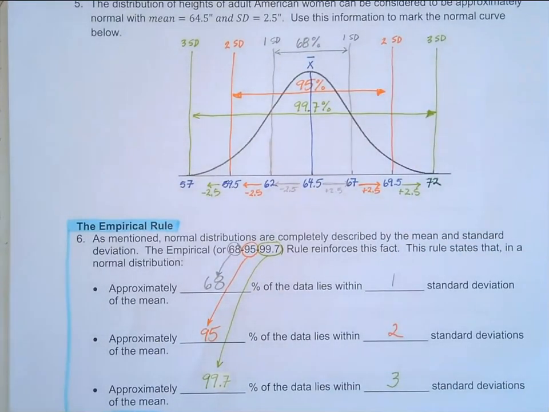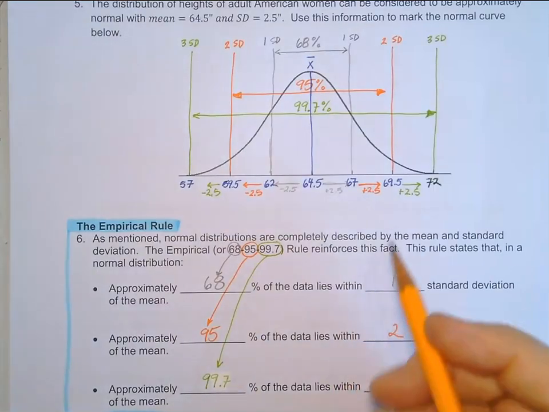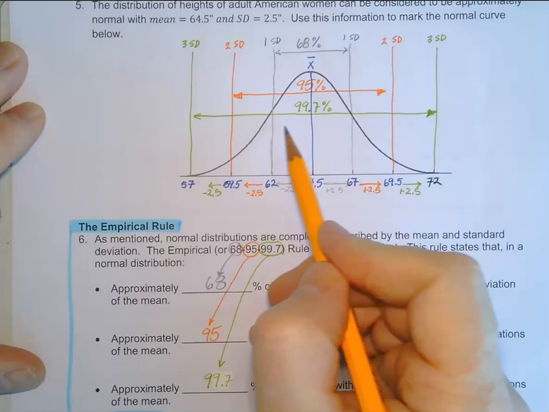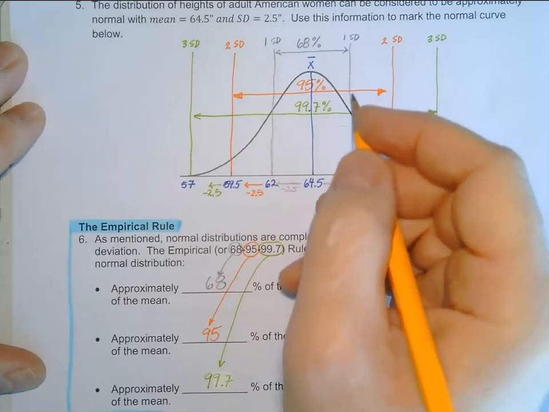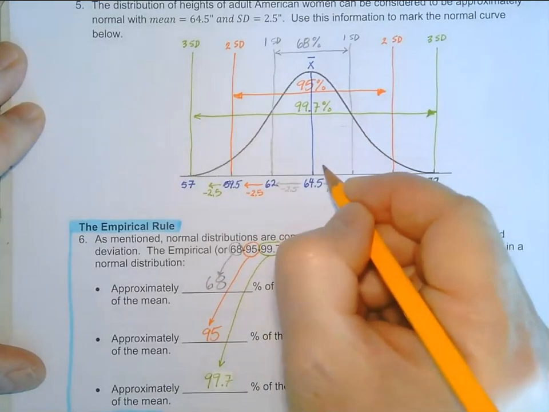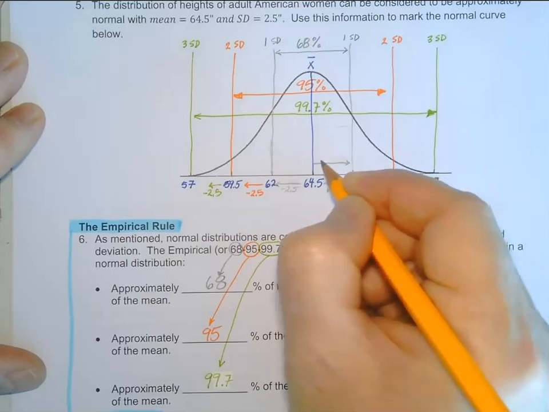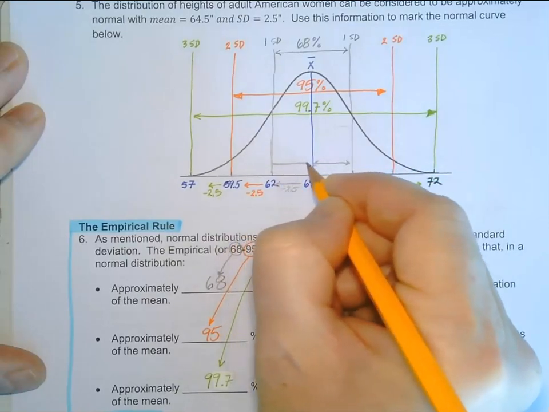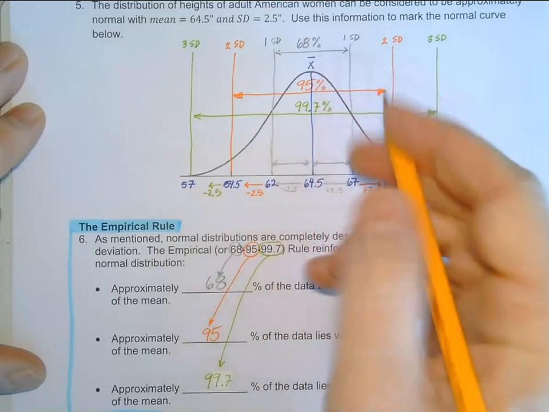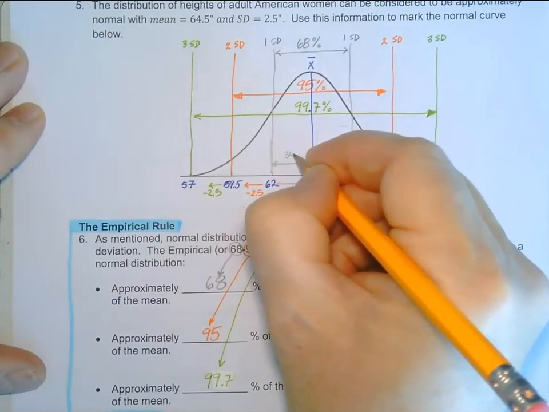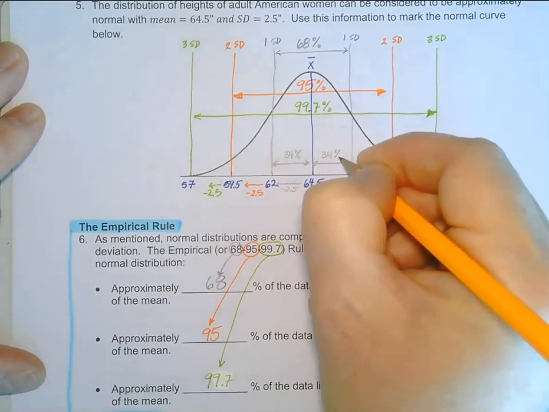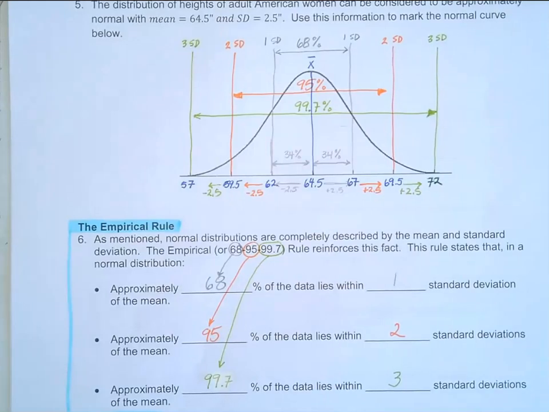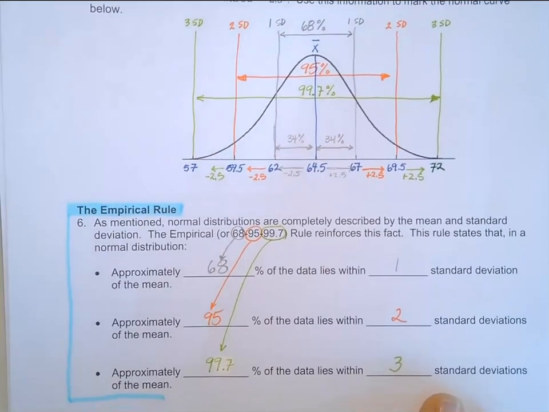Okay. I do want to show you, because this is actually helpful. Notice that if this is 68% going from here to here, do you see that? Then this part of the data, going from here to here, and from here to here, would split the 68. And so this would be 34% of the data here, and this would be 34% of the data there. Are we okay with that?